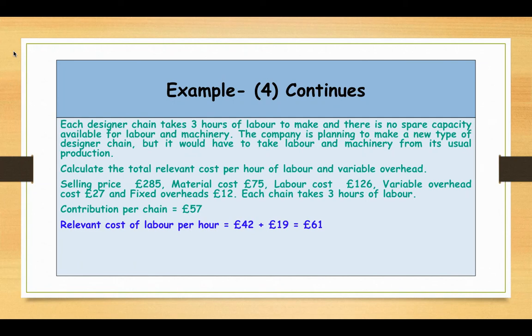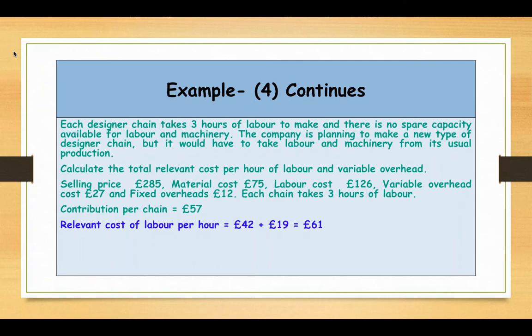So from this we can calculate the relevant cost of labor per hour, because the question requires us to calculate the relevant cost of labor per hour. Now, they're using 126 pounds worth of labor cost, and each chain requires 3 hours of labor. So the labor cost per hour is 126 pounds divided by 3, which is 42 pounds.